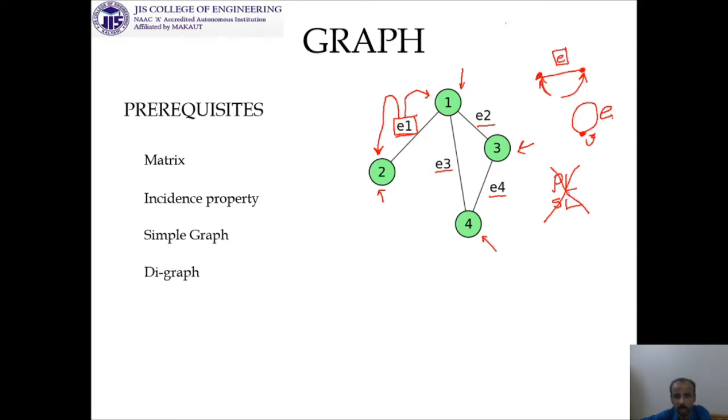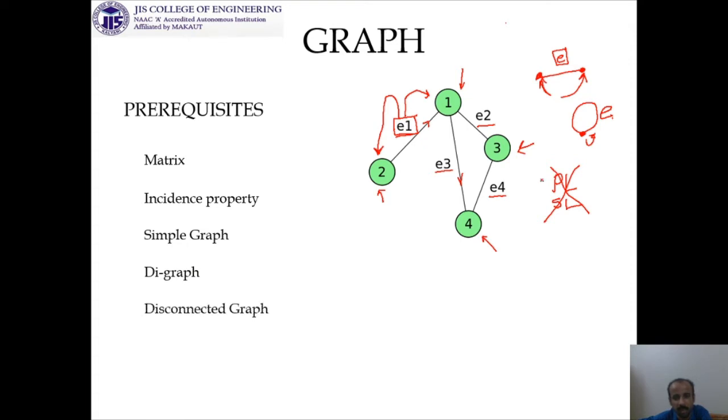Next, what is a directed graph? When we are getting some direction present in the graph, that means the edges are not bidirectional, then we represent that particular fact like one-way traffic in the form of a diagram.